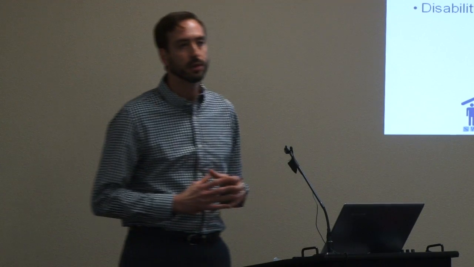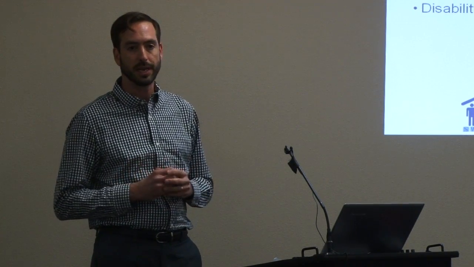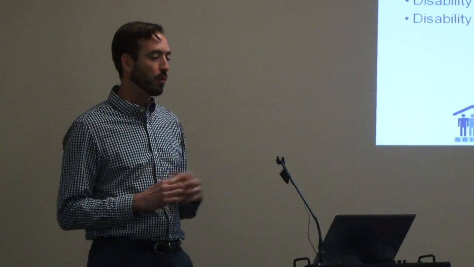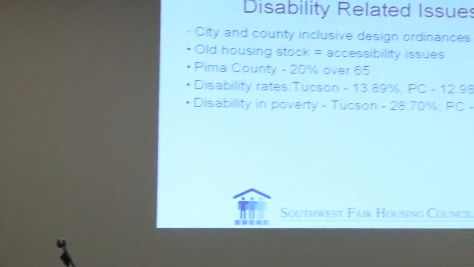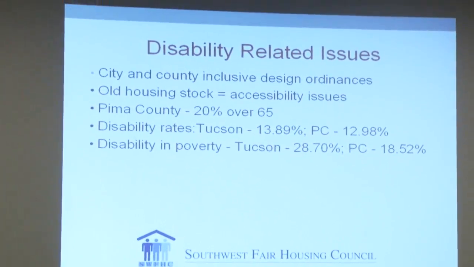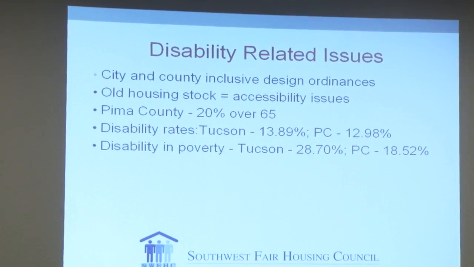So what I want to do now is pull out some of the disability-related issues that we found in this AI. One of the things that we highlighted is that both the city and county have separate inclusive design ordinances that are basically the same.